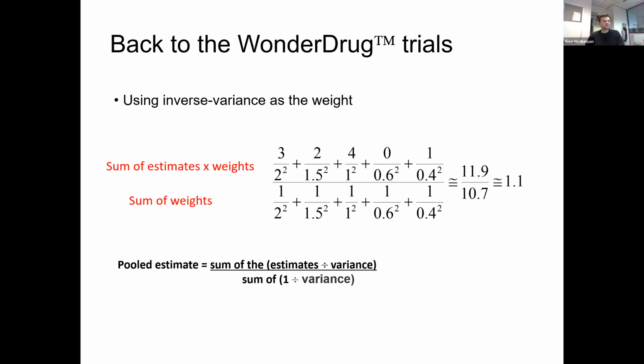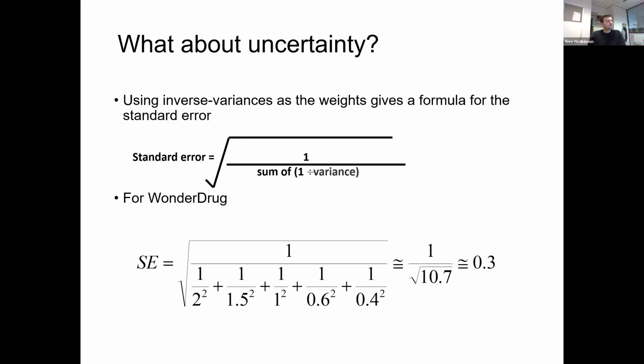So again, it's shifted from 1.2 to 1.1, so it's become even slightly more conservative in estimation. You can also calculate the standard error using this formula here. If you plug the values in, we end up with a pooled standard error of 0.3.